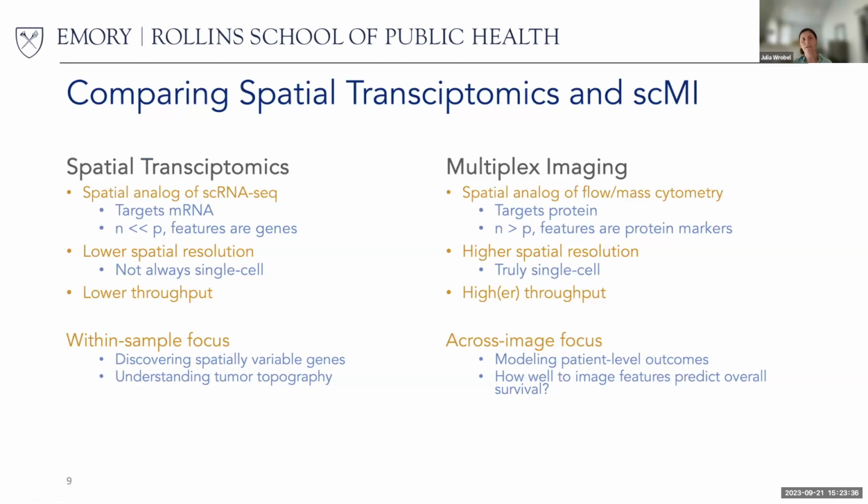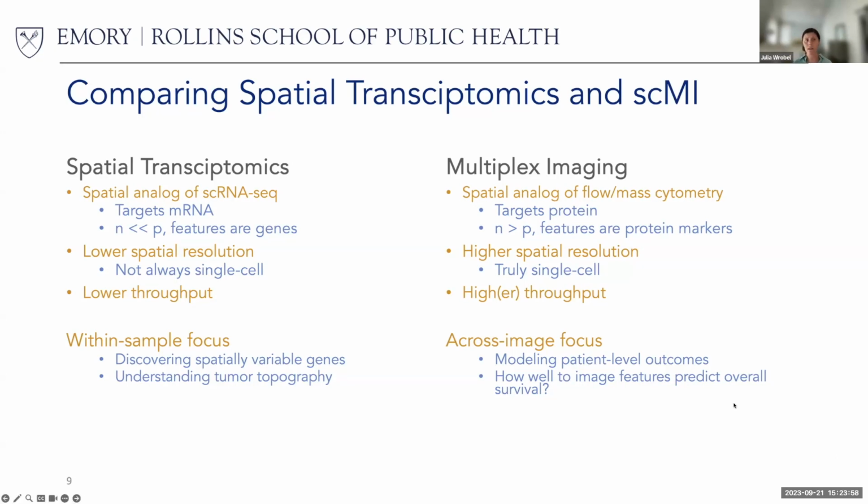A brief interlude: I want to give a comparison of spatial transcriptomics and single cell multiplex imaging, because these are areas that are similar in a lot of ways, but they're also still distinct. I know somebody mentioned spatial transcriptomics, but I'm sure that others of you have probably heard of it because it's a pretty hot area right now.